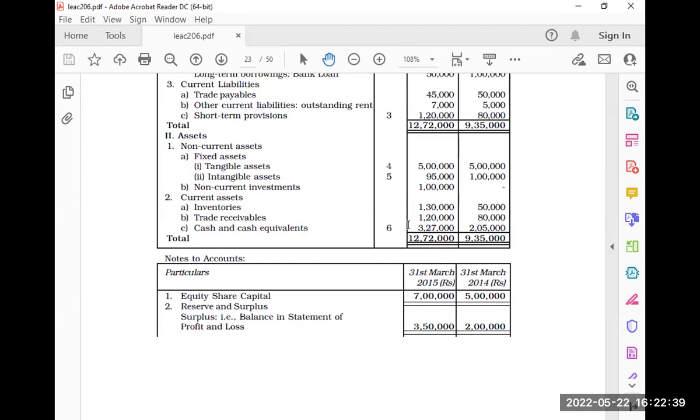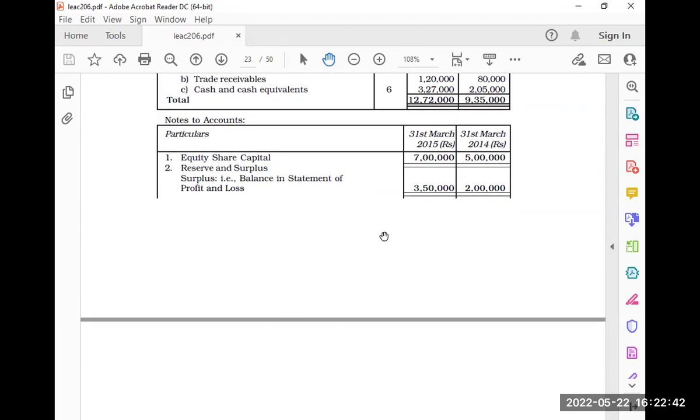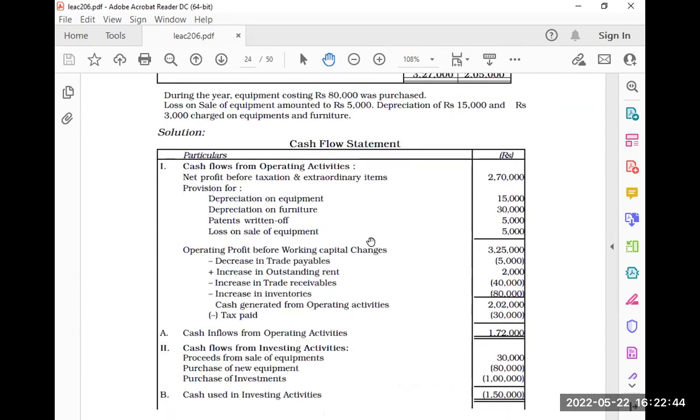Fourth one and fifth one, the statement. Okay, so now come to the cash flow statement. Decrease in trade payable minus 5,000, increase in outstanding rent plus 2,000. Increase in trade receivable minus 40,000. Increase in inventory minus 80,000. The total is 2,02,000.